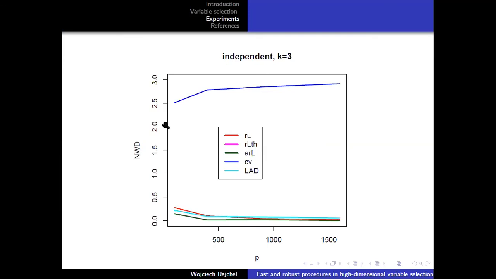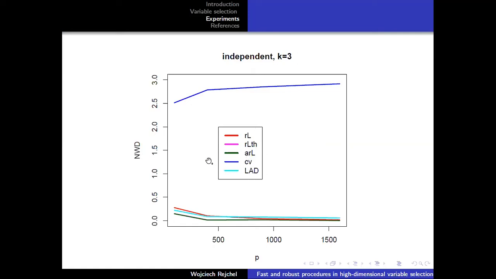And this is the first picture. Here we've got independent predictors, 3 relevant predictors. Here we've got P. As P increases, also the sample size increases, so I get more and more information on my data. Here is the number of mistakes I make. The red one is rank Lasso, then we have thresholded, adaptive, Lasso with cross-validation, and Lasso.